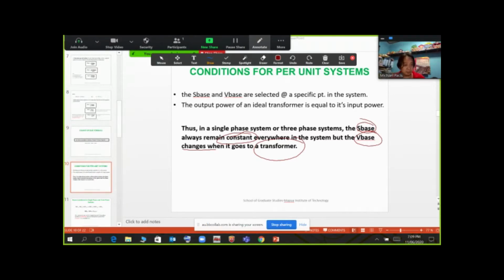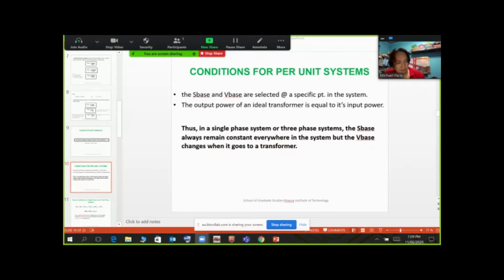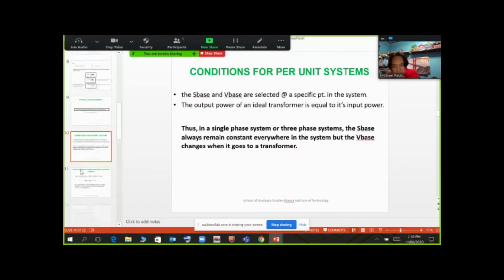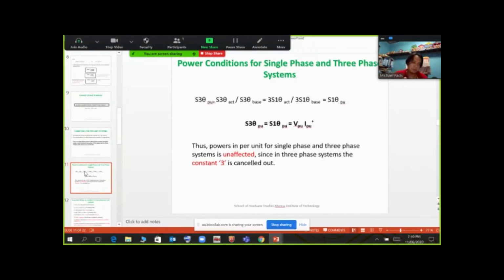They are unaffected in the input and output sides of an ideal transformer. So, S base is constant, please remember that, while V base will change in a transformer.